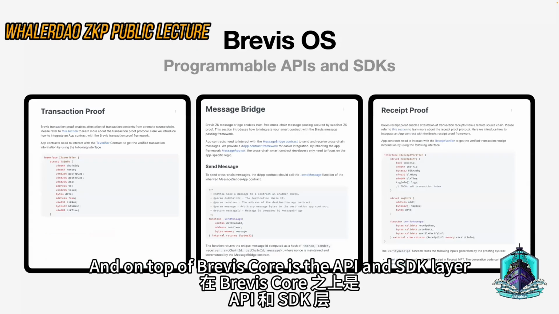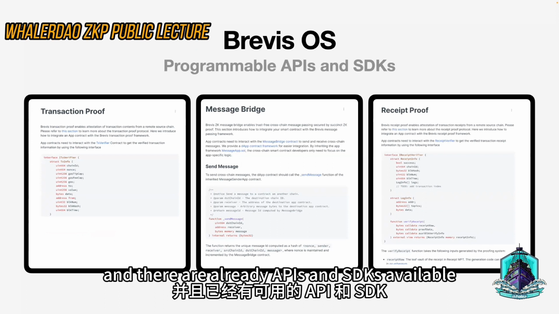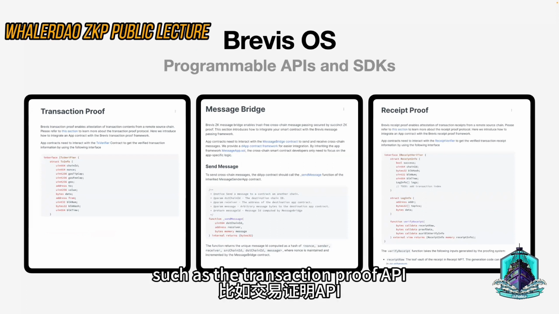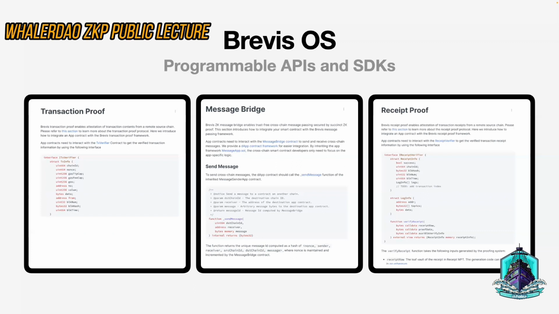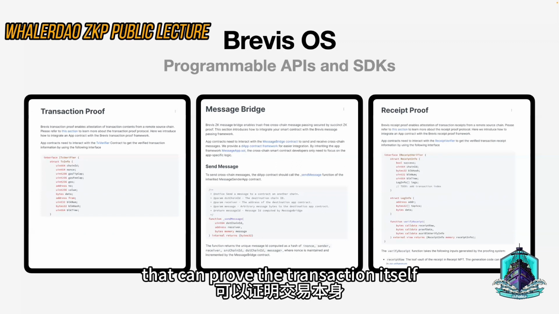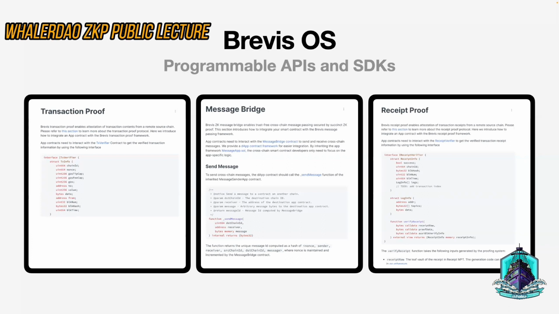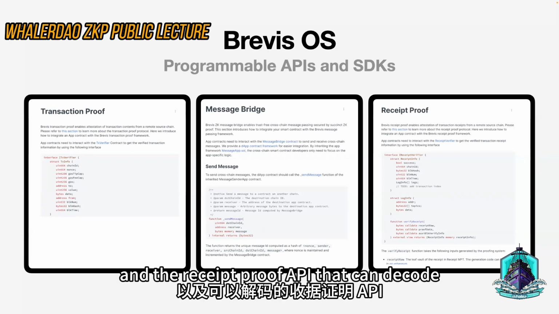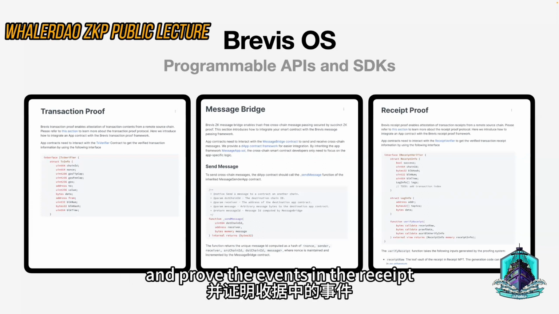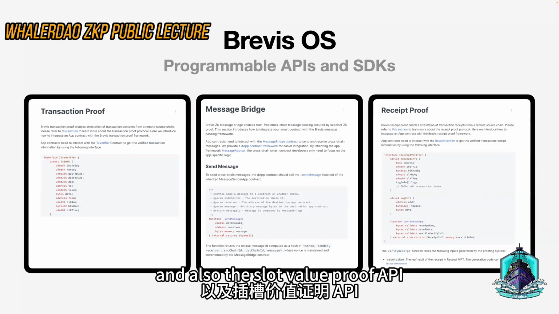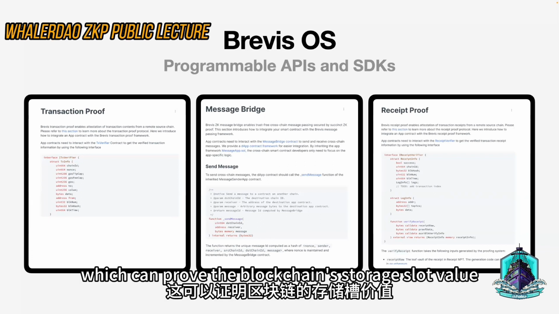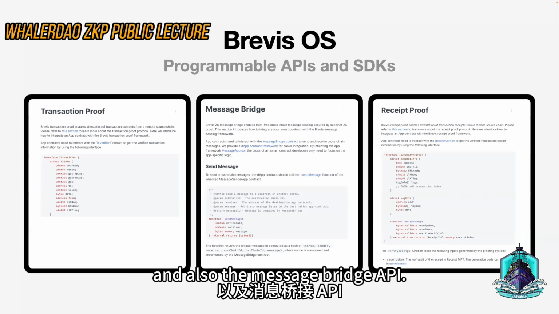And on top of Brevis core is the API and SDK layer. There are already APIs and SDKs available, such as the transaction proof API that can prove the transaction itself, the receipt proof API that can decode and prove the events in the receipt, and also the slot value proof API, which can prove the blockchain's storage slot value, and also the message bridge API.